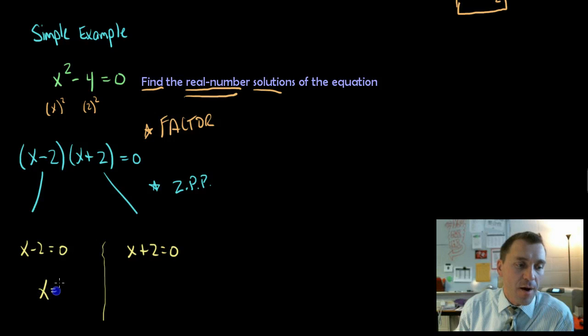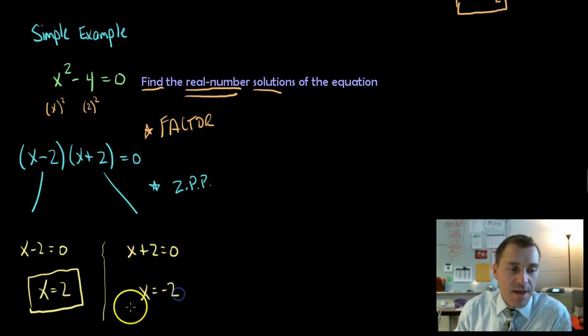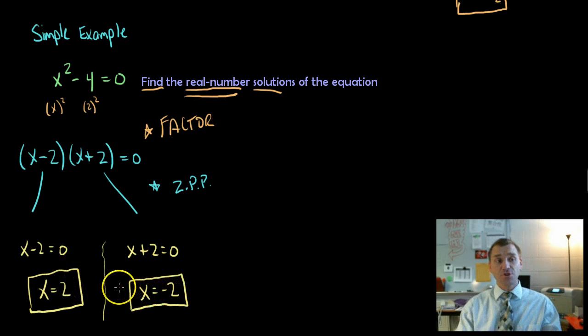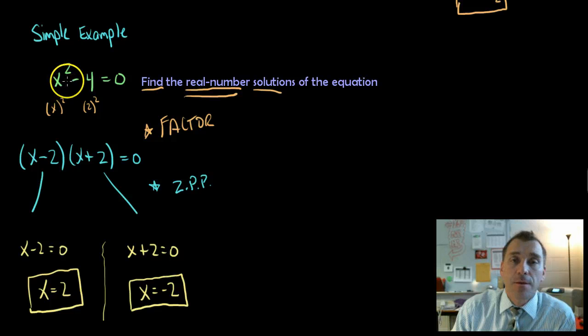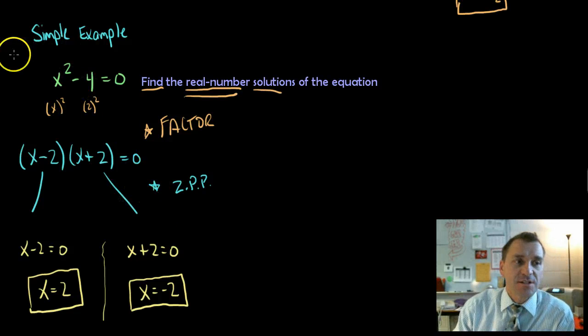One of my possibilities would be x equals 2. There's one of my real number solutions, 2. Or when I subtract 2 from both sides, I get x equals negative 2. Beautiful. So there would be your two solutions to this particular quadratic equation. So that's a simple example.